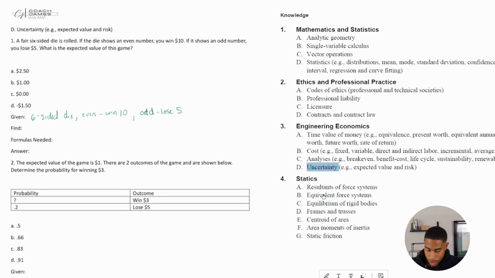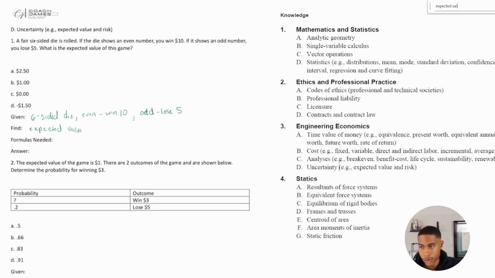All right, so what are we trying to find? The expected value of the game. Any formulas needed here? Do you know what expected value is? I don't. So maybe the manual can help.